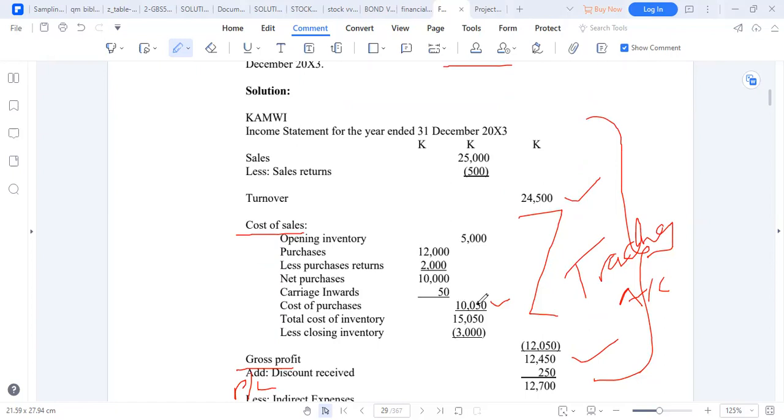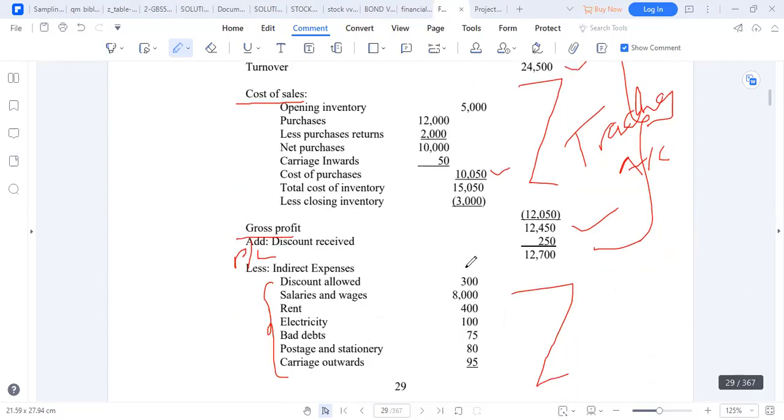So this is the cost of purchases, which we add to the opening inventory, and we subtract our closing inventory. What we get is called the cost of goods sold, or the cost of sales. Subtracting the cost of sales from our turnover gives us a gross profit. To the gross profit, we can add our discount received.